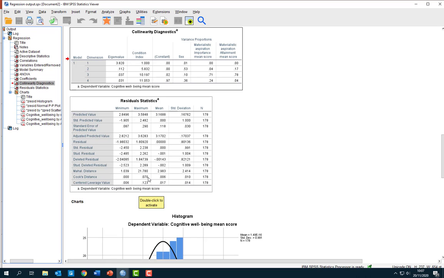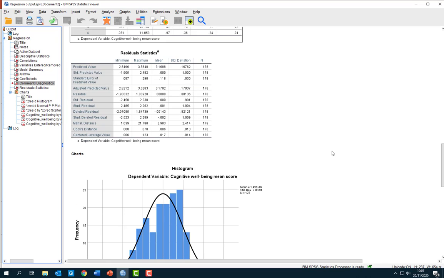If there isn't a massive change between the first and the second output, then you can make the case to just keep the original: the outliers, you investigated them, and they don't appear to be causing too many issues, therefore you've retained them because they could represent real world data, representative of the population, so you want to include them if you can. So those are what we would use from the residual statistics.